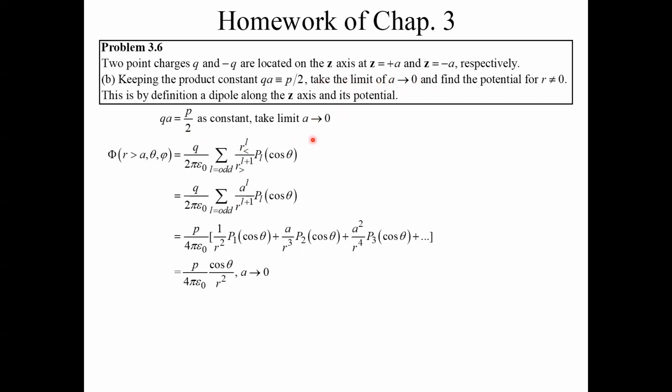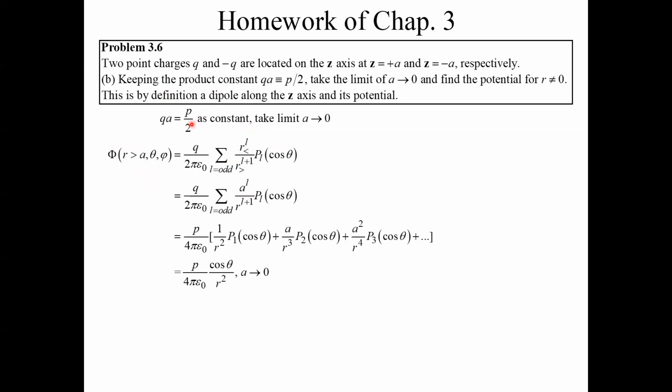That means our position for the potential should be far away from the charges' location. So the smaller r here we take as A, and the larger r here we take as the position r.